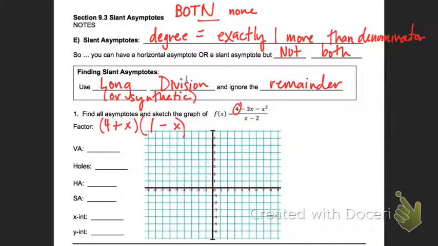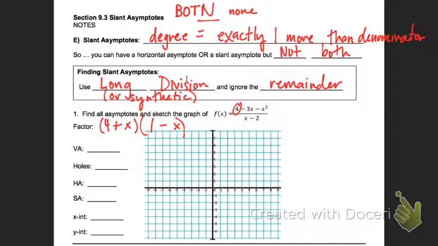I think we need to switch the 4 and the 1. Look, if I take the outside and the inside, I have negative 4x plus x, which equals negative 3x. So this is good.